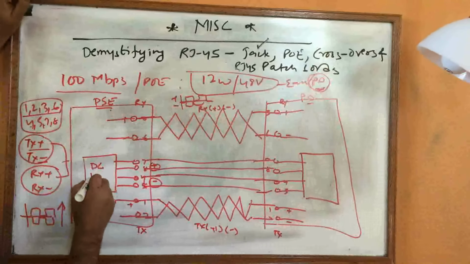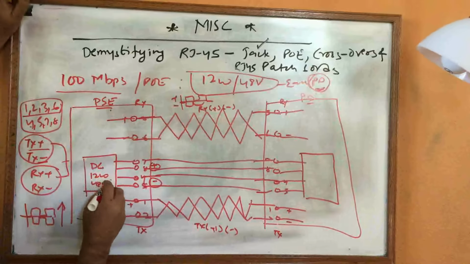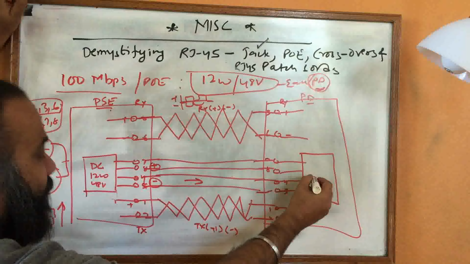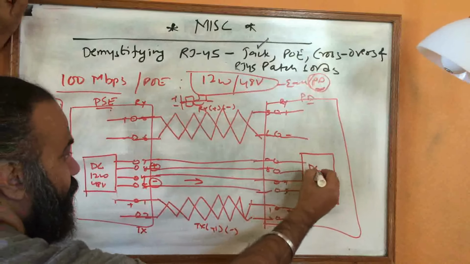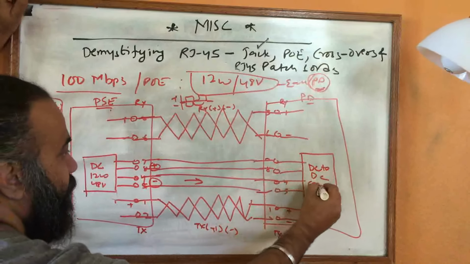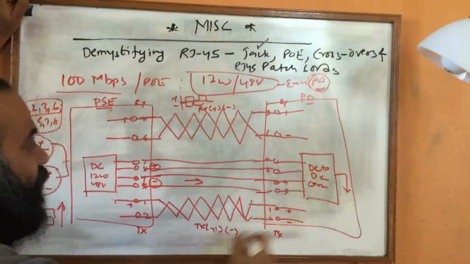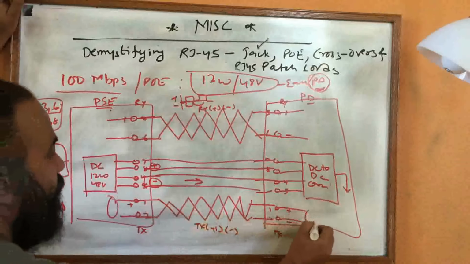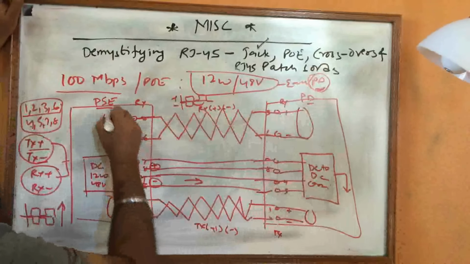So this will provide 12 watts, 48 volts to that particular link. The power goes in here and you have a DC to DC converter, and the link goes from here. The remaining ones, this one, this one, this one, and this one, are connected to the data pair.